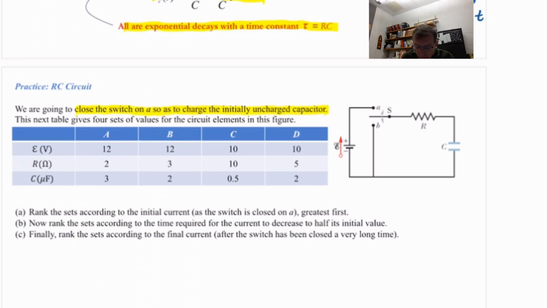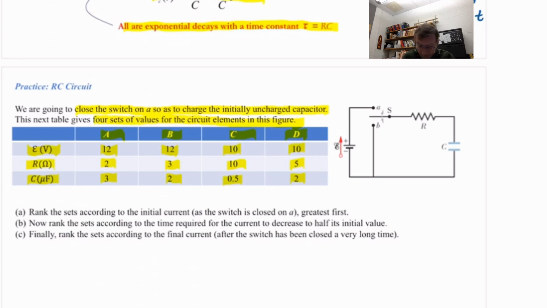And then we have a table that has 4 sets of values for the circuit elements, A, B, C, and D. And for each set, there's a value for the EMF of the battery in volts, so 12 volts for A, 12 volts for B, 10 volts for C, 10 volts for D. The resistance in ohms, 2 ohms, 3 ohms, 10 ohms, 5 ohms, and the capacitance in microfarads, 3 microfarads, 2 microfarads, 0.5 microfarads, and 2 microfarads.